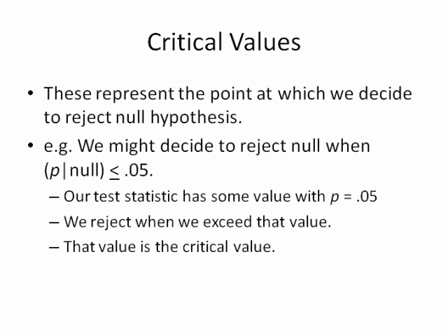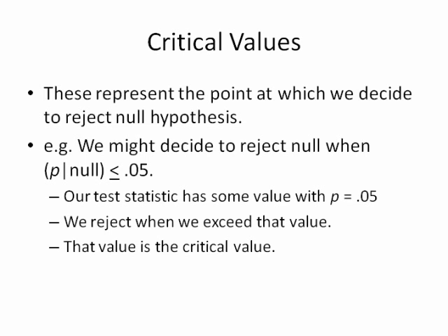Critical values. So I'm sort of going through that list of those critical concepts that you must know for hypothesis testing. Our critical values represent the point at which we decide to reject a null hypothesis. So it's the point at which we say any number that we obtain that goes beyond that critical value means we're going to reject the null hypothesis.